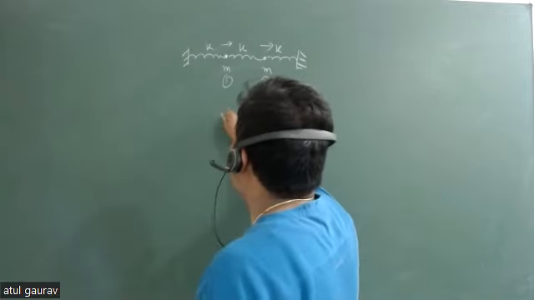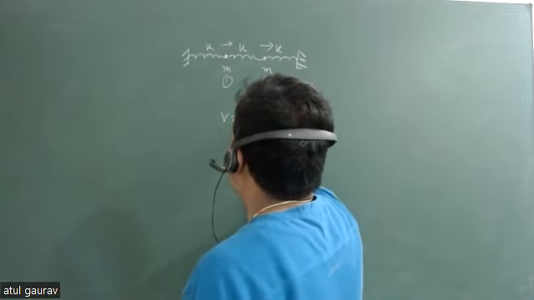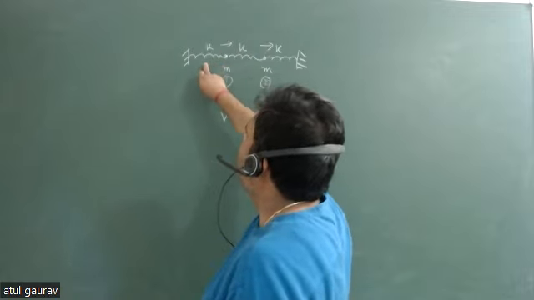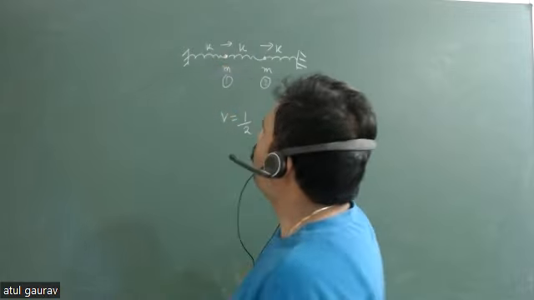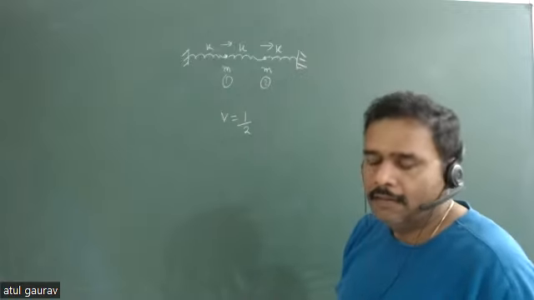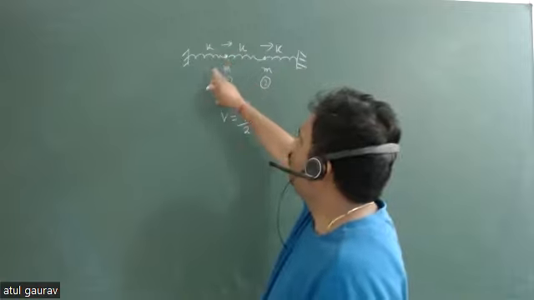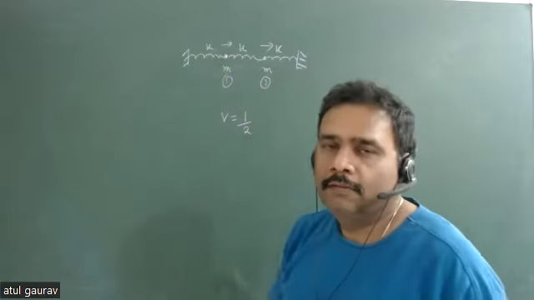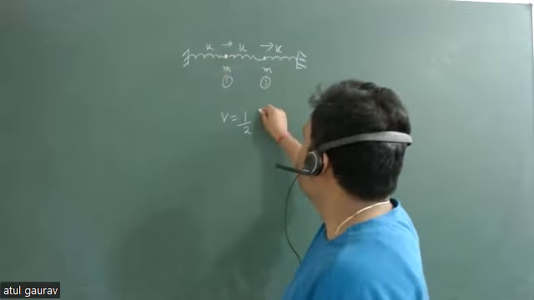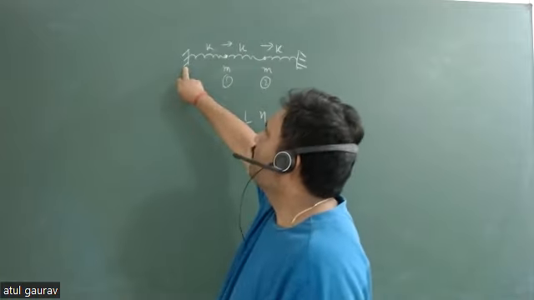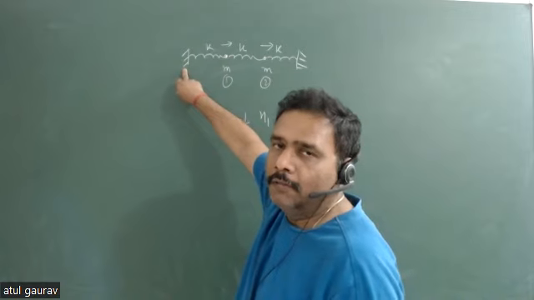Now just write the potential energy. So half, and this is the spring. Due to the first particle, there is elongation or contraction. Elongation, eta 1. Is there any contraction from this rigid support?